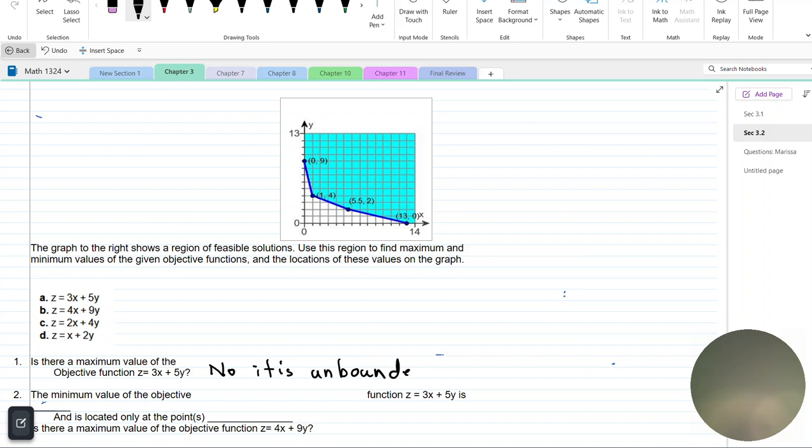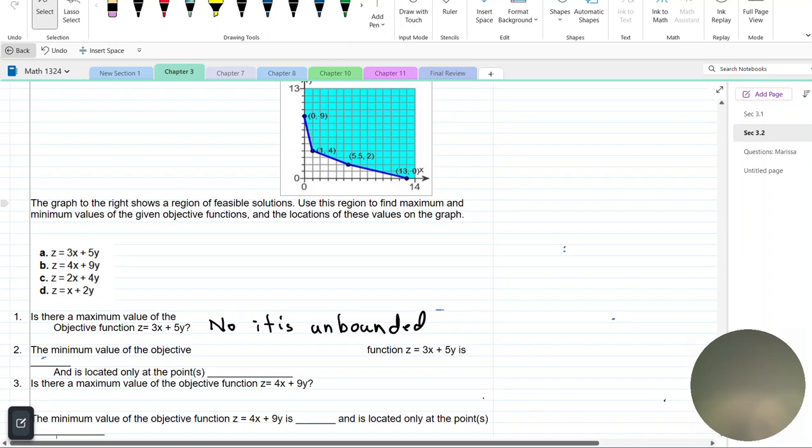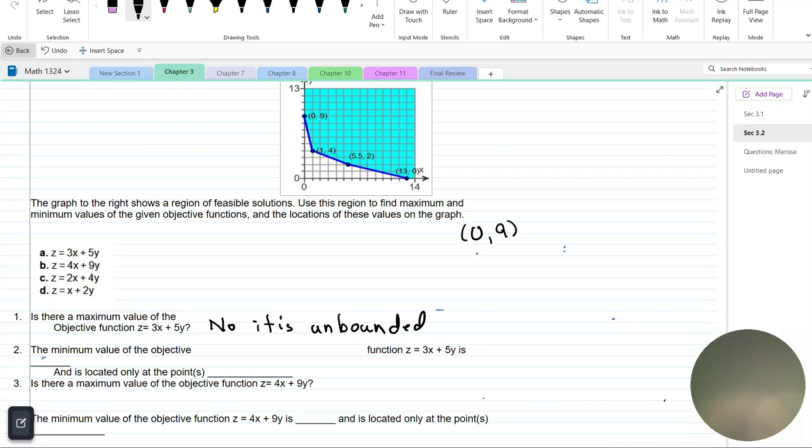We have a minimum. The minimum value of the objective, and we do have that because our points are (0, 9), (1, 4), (5.5, 2), and (13, 0).